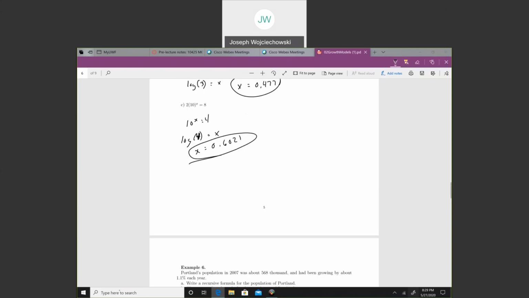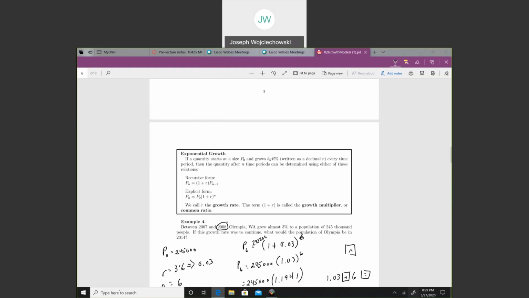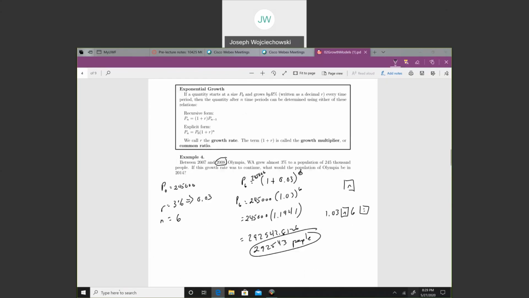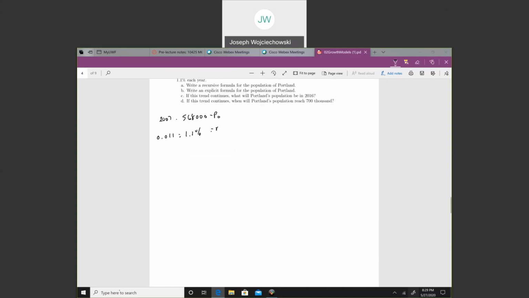So let's go back and look at our recursive: 1 plus r times p sub n minus 1.